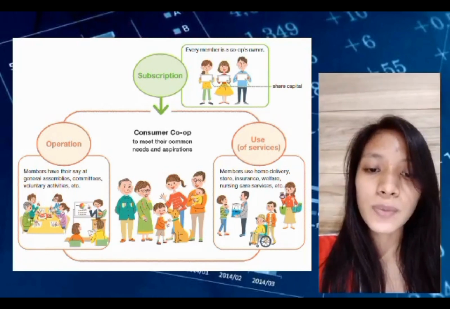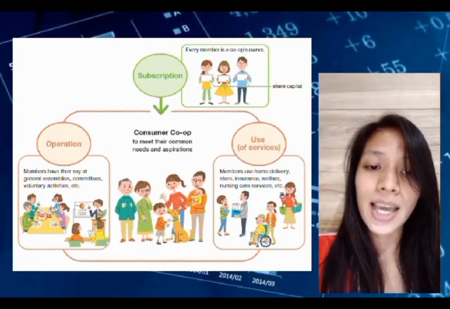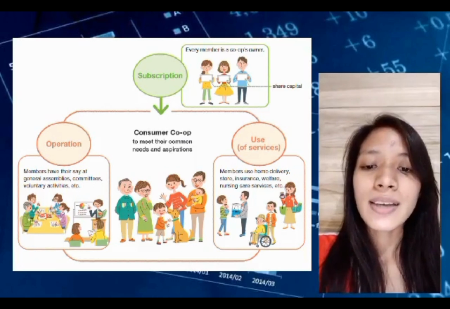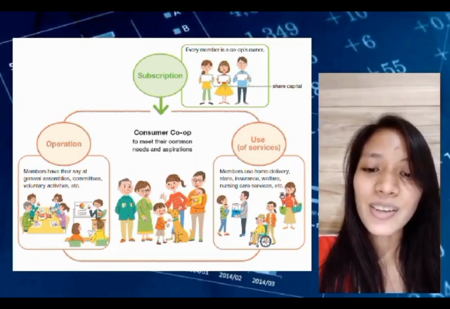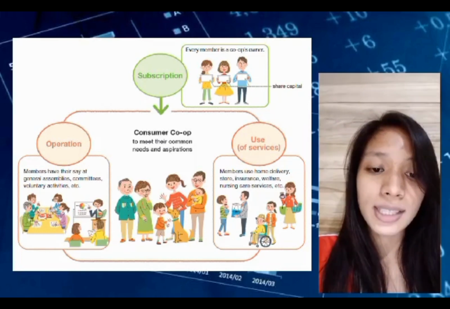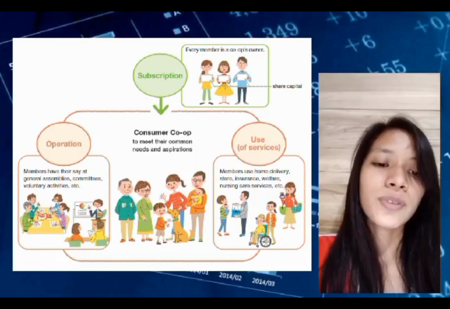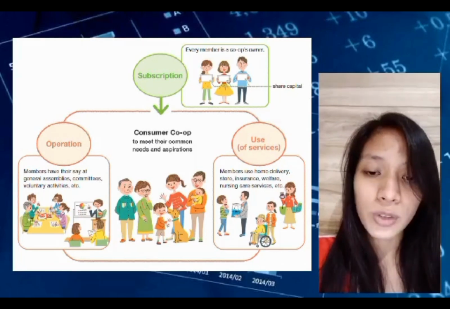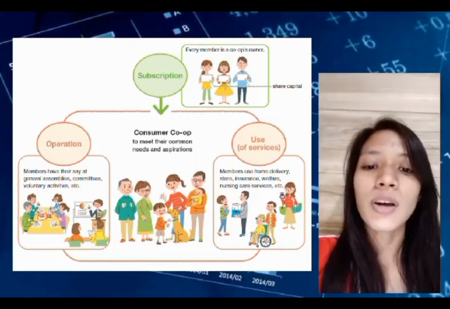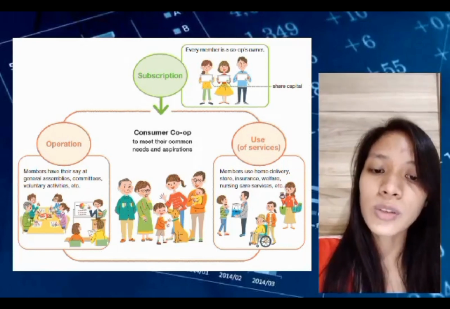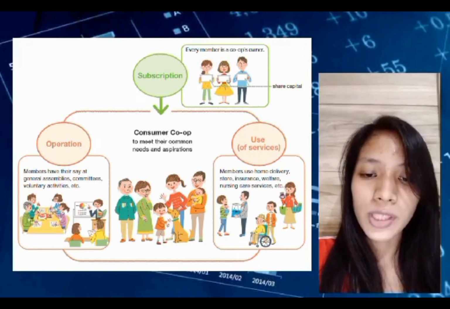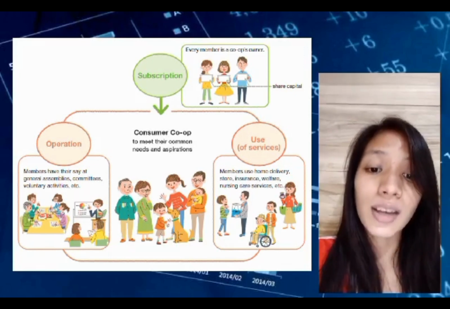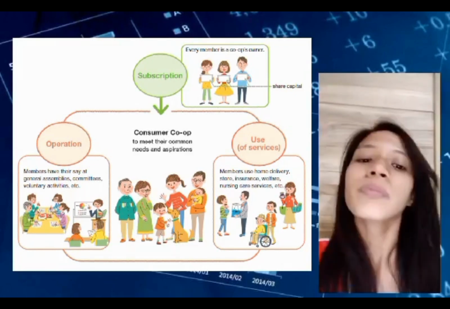The major difference between consumers' cooperatives and other forms of business is that the purpose of a consumers' cooperative association is to provide quality goods and services at the lowest cost to the consumer or owners, rather than to sell goods and services at the highest price above cost that the consumer is willing to pay.